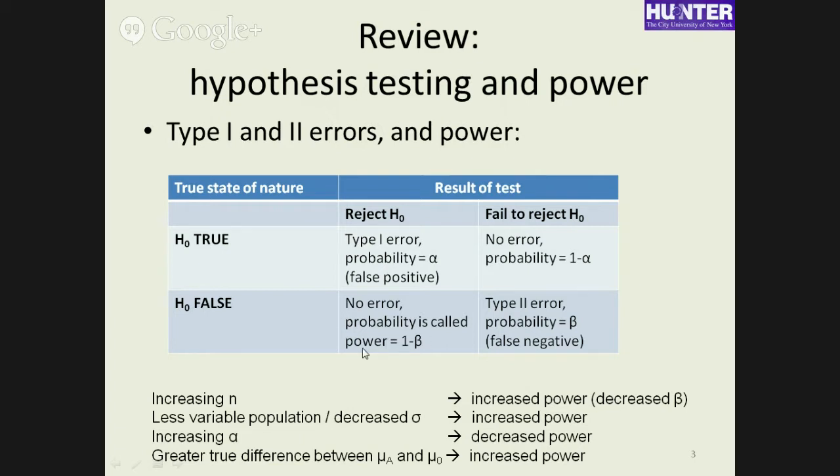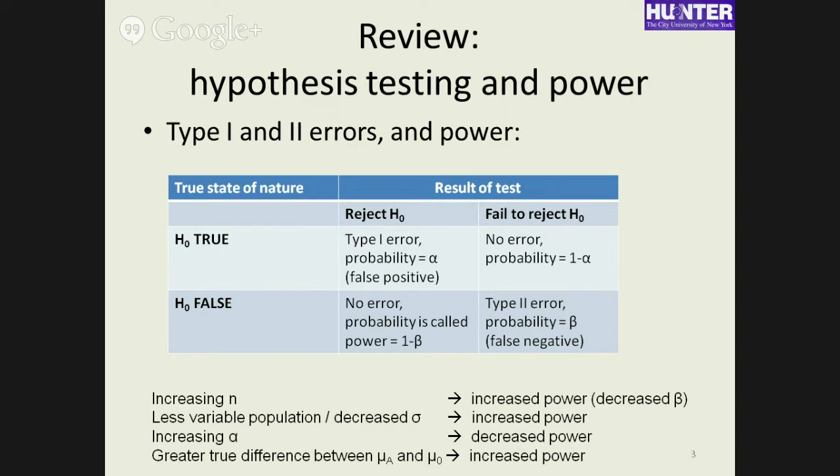And the key thing, it's a well-titled term, power. You think of it as your power to detect a true departure from the null hypothesis. Increasing your sample size tends to increase your power to detect that departure from the null hypothesis. Less variability, less noise in your observations also tends to improve your power.